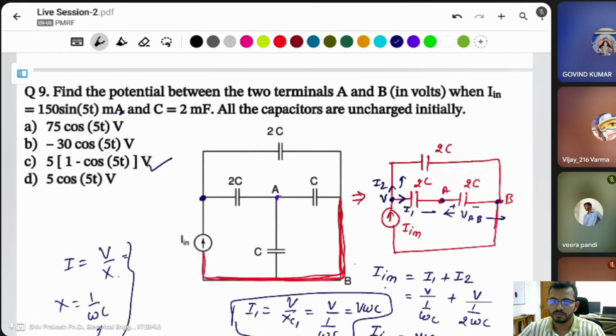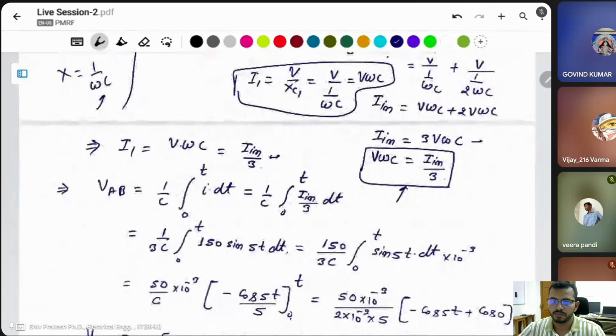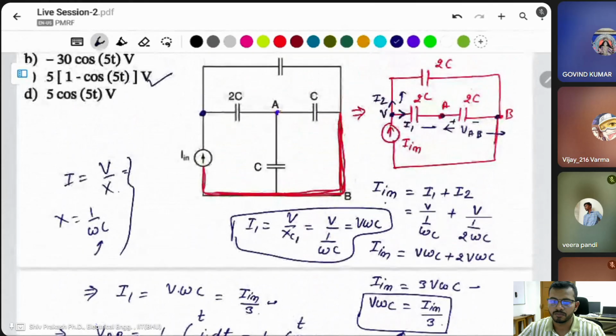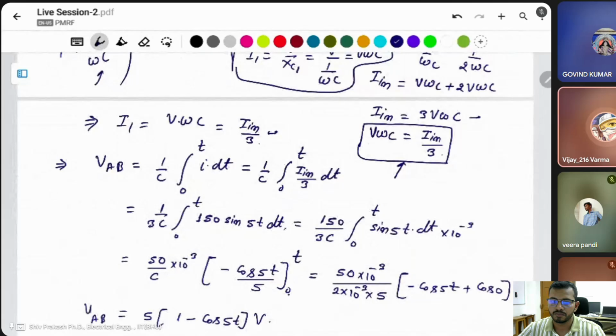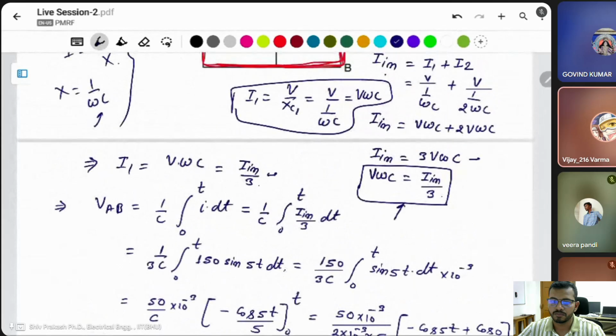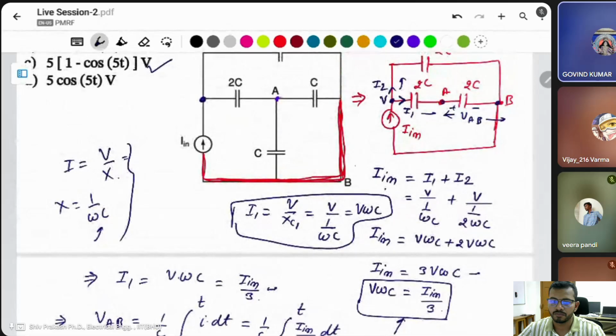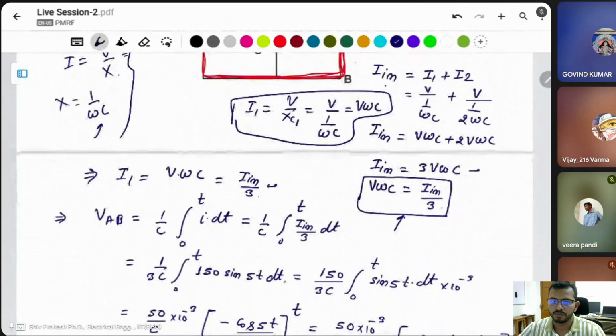VAB equal to 1 by 2C integral like that. Okay, this one, na? Final integral. Yes, sir, 1 by 2C should we take? Yes, there's 1 by 2C.